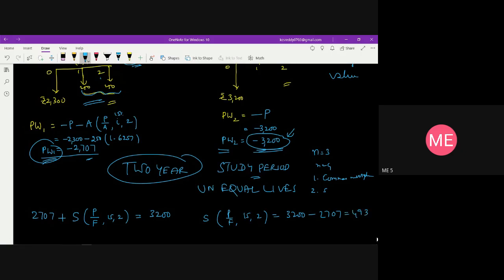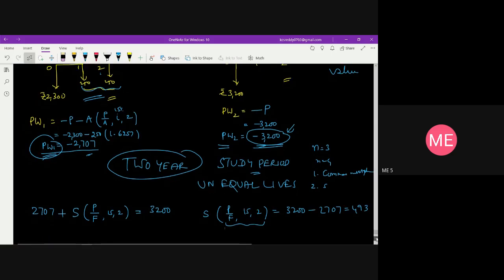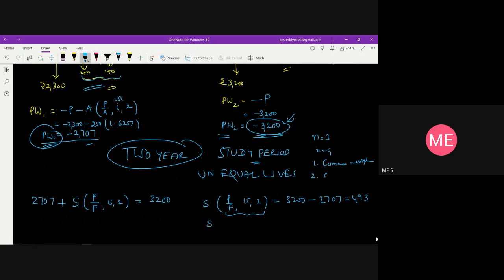This factor is obtained from the table: P by F comma 15 percent and 2 years, I'm getting 0.7561.